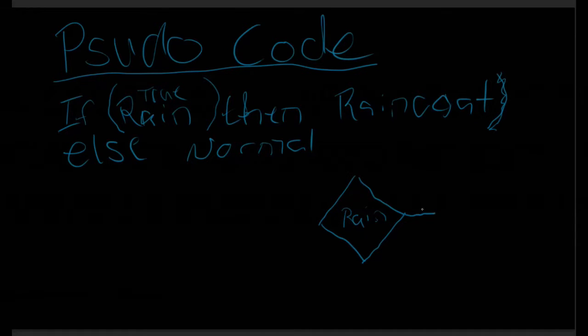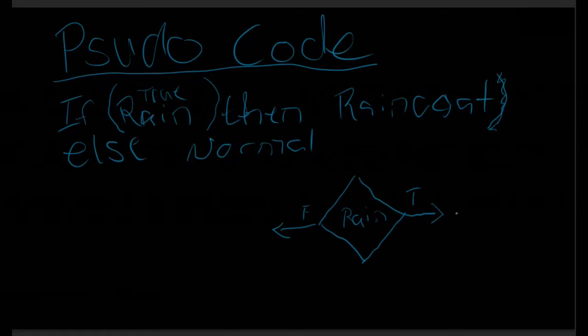It has two outputs. It has the yes or true. Actually, let's say true because that's more computer speak. So if it's true, then we follow this branch. If it's false, we follow this branch.